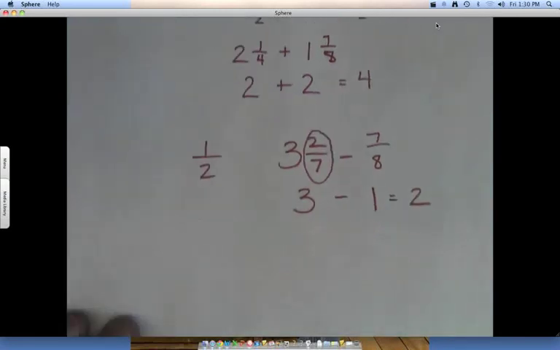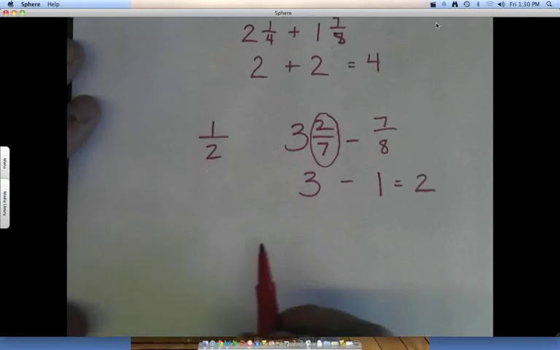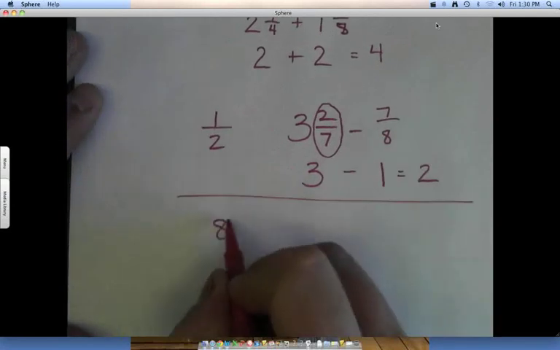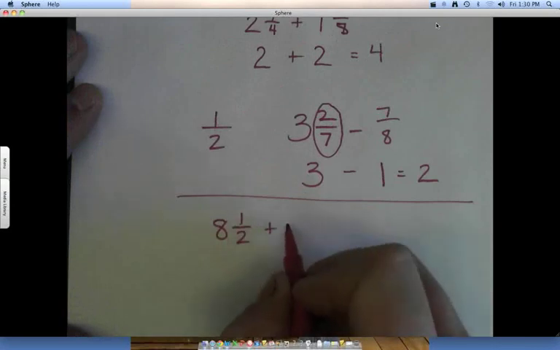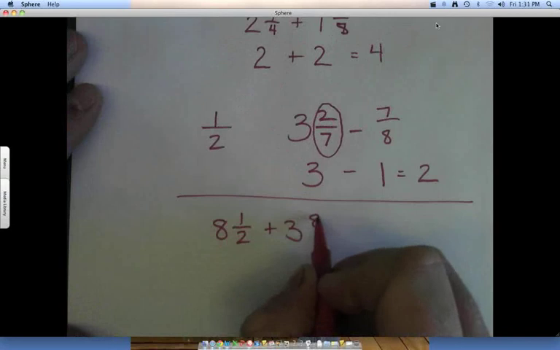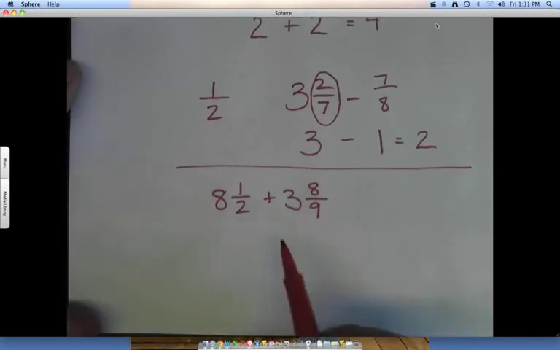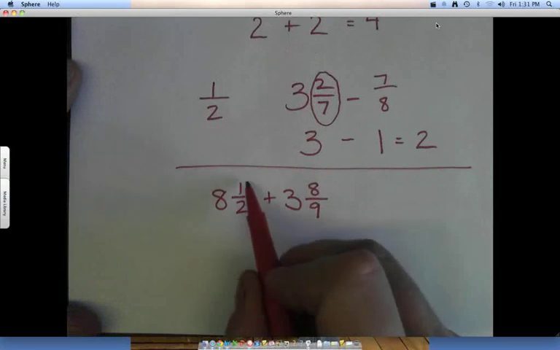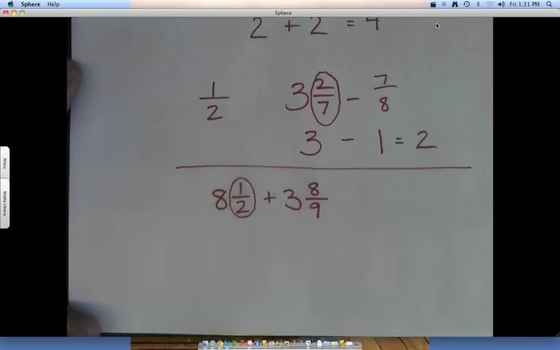Let's do another example. If I have 8 1/2 plus 3 8/9, and I am looking for my estimate, ask yourself again with the fraction in the mixed number, is 1 half of 2? Yes, it is.